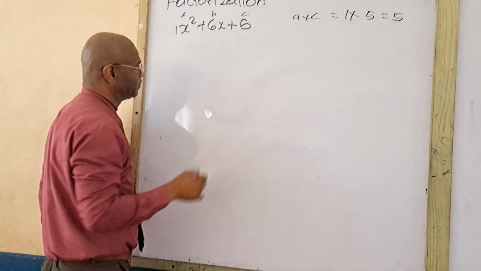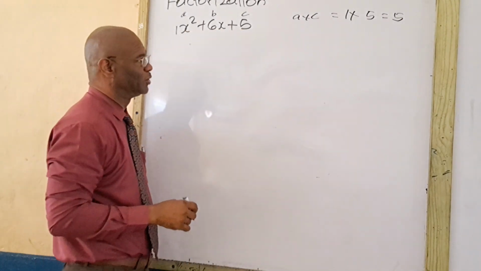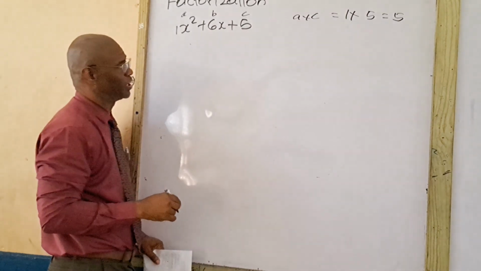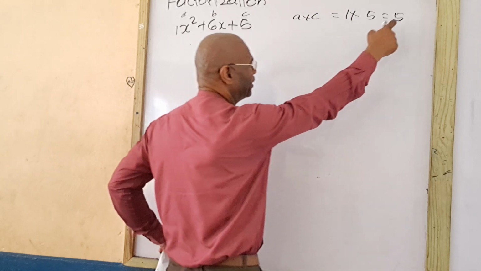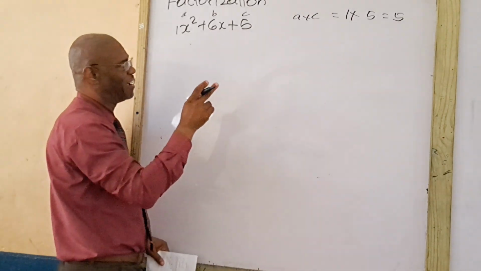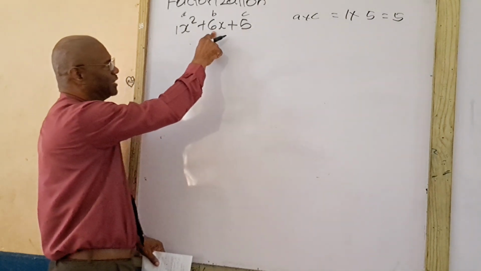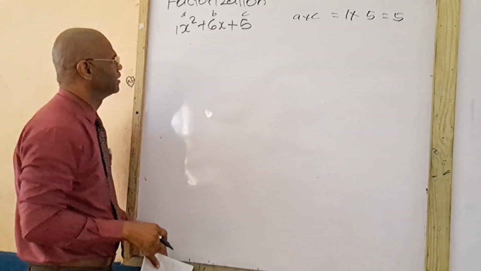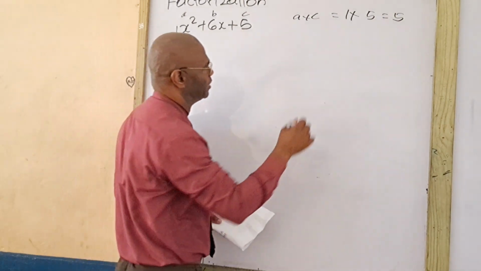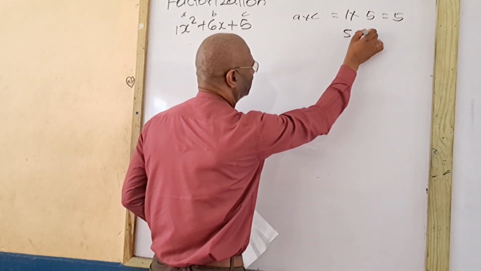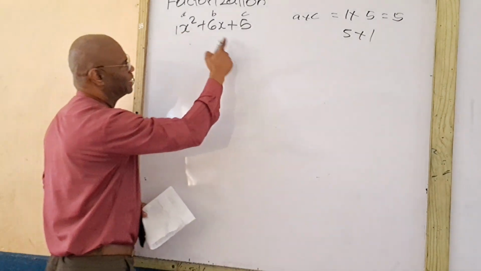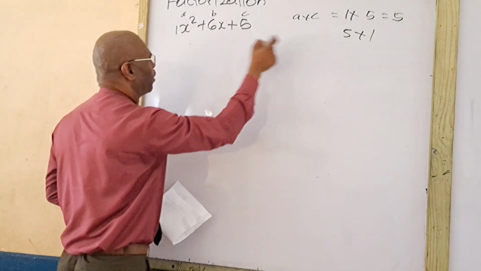Now we need to find two numbers such that when we multiply them, we get 5, and when we add them, we get 6. That would be 5 and 1. So 5 times 1. Good? So we're going to replace 6x with 5x and 1x.